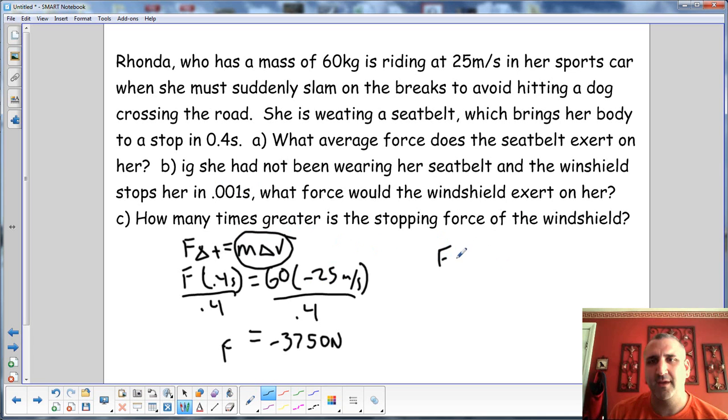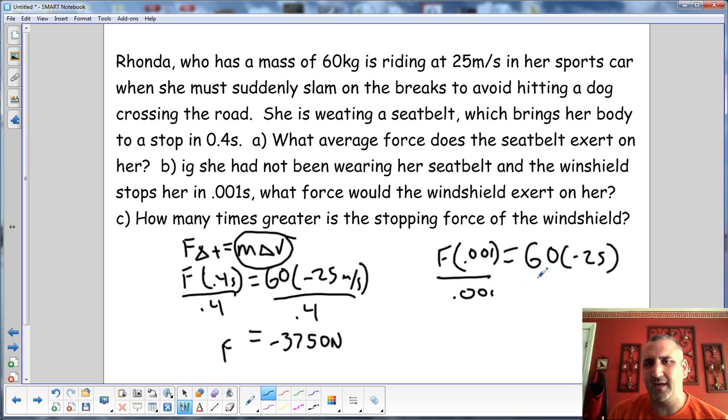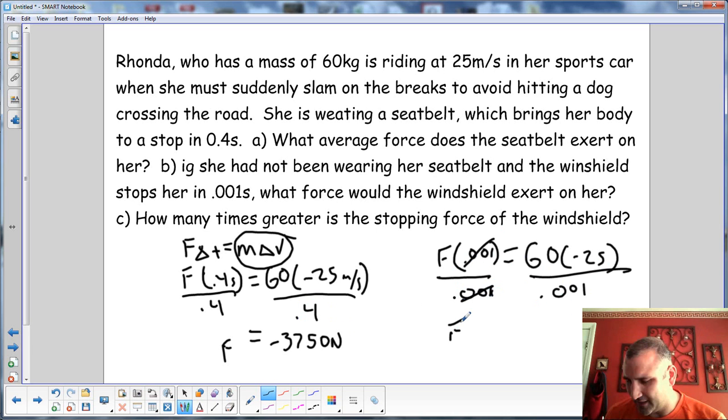Now you can see, if you know anything about this kind of math, going from 0.4 in the denominator to 0.001 in the denominator, it's going to change things a little bit. 60 times negative 25 divided by 0.001, that is bone crushing. Negative 1,500,000 newtons.